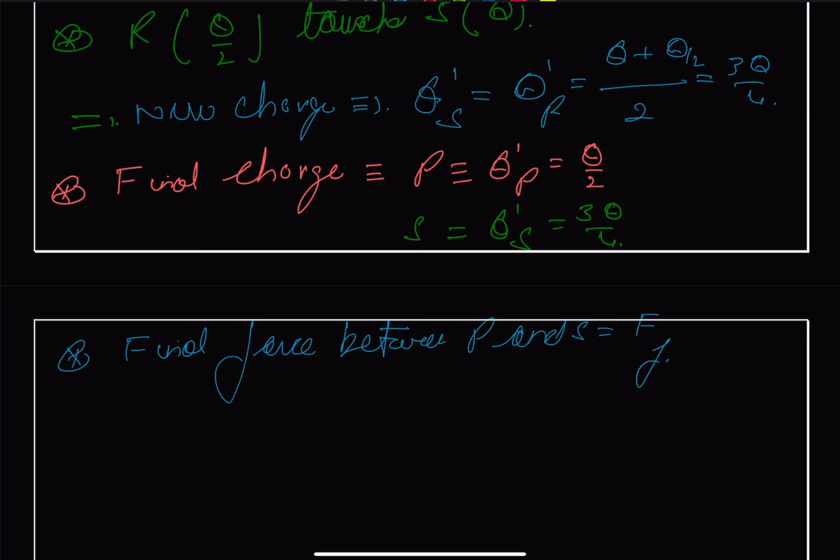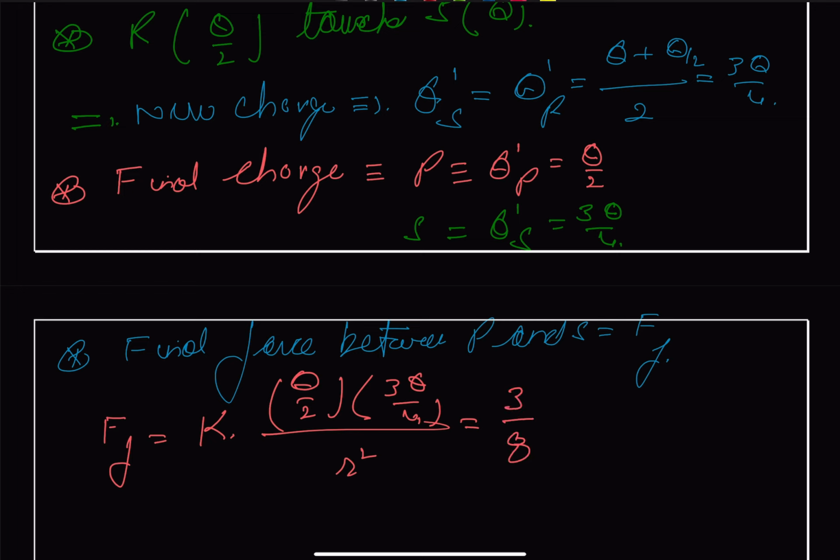So we can write our F final will be equal to K, and charge is Q by 2 multiplied by 3Q by 4, upon R square. So we can write this as 3 by 8 times K Q square upon R square.